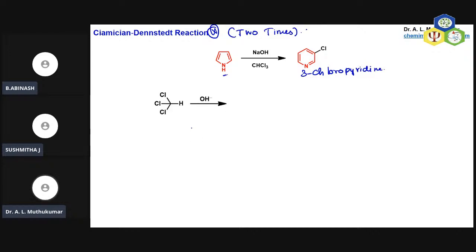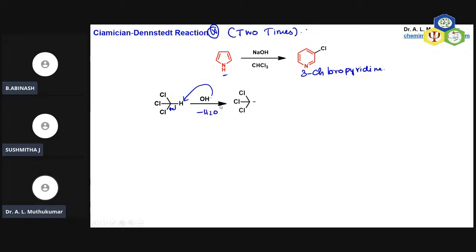You might have studied in your +2 itself the Reimer-Tiemann reaction. In that case, the formation of dichlorocarbene takes place when there is a reaction between chloroform and sodium hydroxide. Exactly the same reaction is happening here. Initially this chloroform has an acidic hydrogen. NaOH produces OH minus, which acts as a base and abstracts this acidic hydrogen atom, and a water molecule is removed.